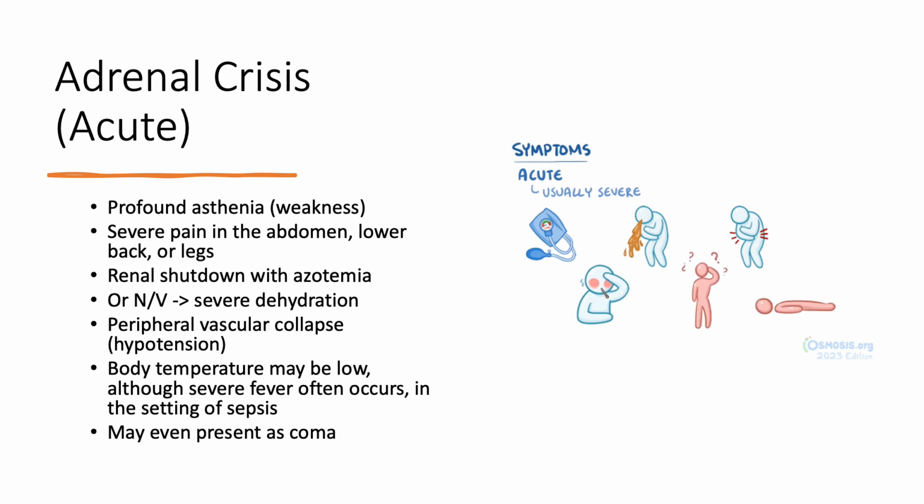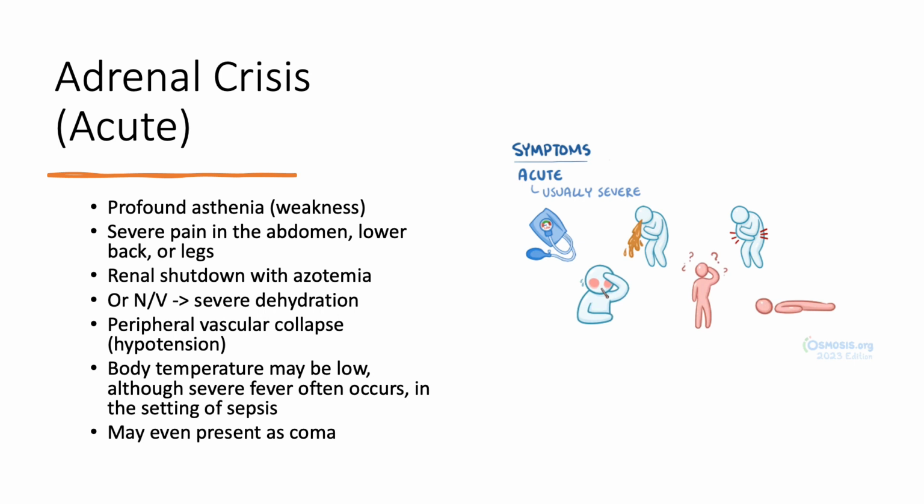So there's a sudden increased need for aldosterone and cortisol because it's stressed out and the cortex can't deliver. This is known as an adrenal or an Addisonian crisis, and it usually happens when the majority of the zona glomerulosa and fasciculata are destroyed.